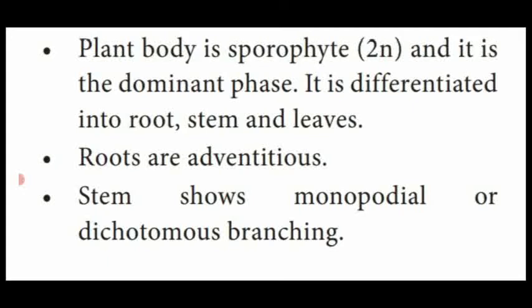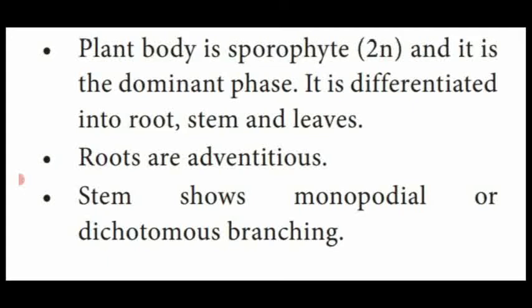Monopodial means the growth and development of a stem moves in only one direction. That means each and every branch is divided into two. That's why I told you from the beginning itself, the plant body shows dichotomous branching.